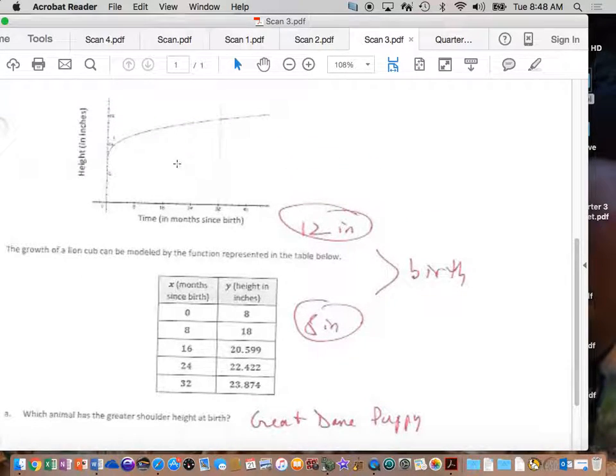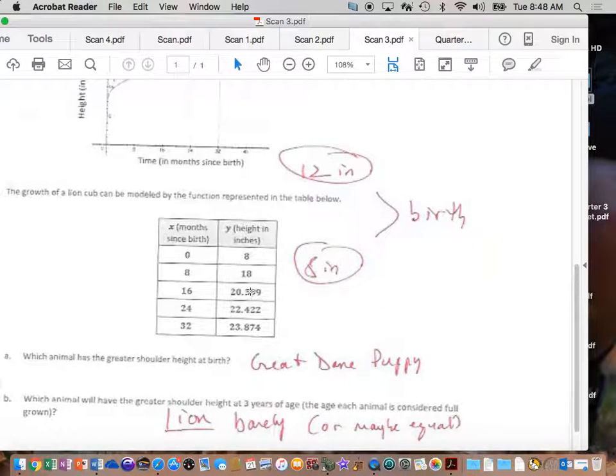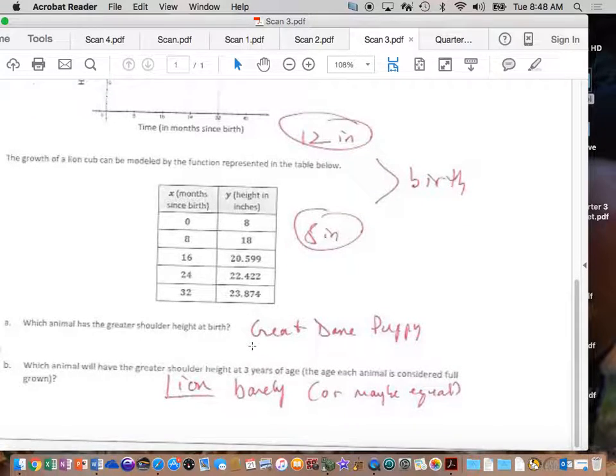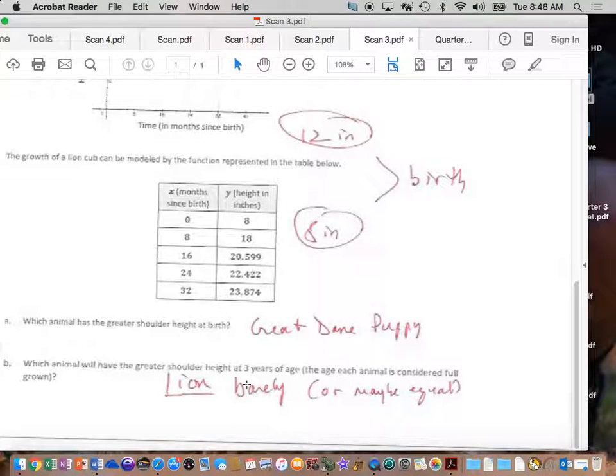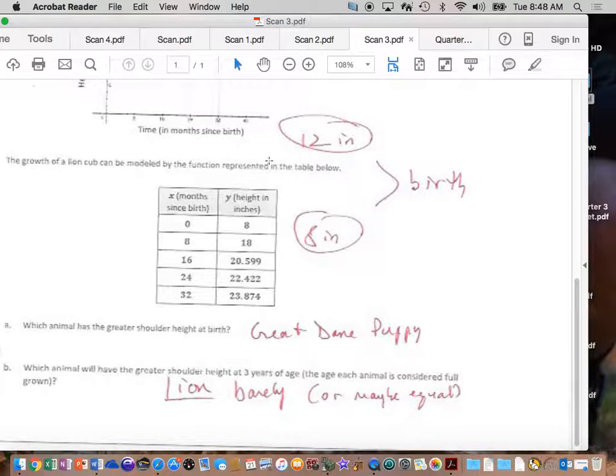But if you look at the graph of the Great Dane puppy, it's hitting a limit. Whereas the lion graph looks to be continuing up by more or less the same amount. So I think the lion barely, but if you made an argument for equal, I could live with that argument too. Okay? All right. Now, if they gave that on the Regents, it would be a little more obvious.